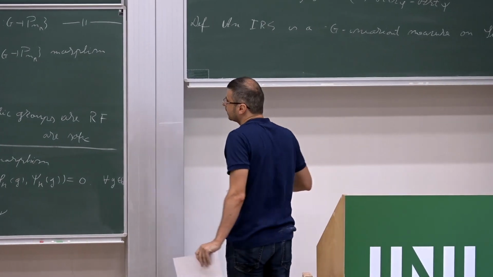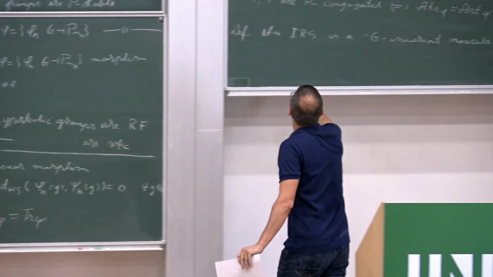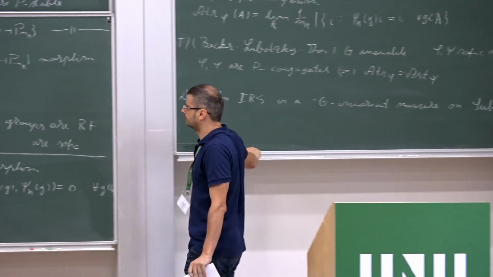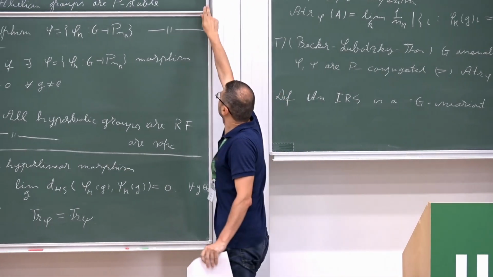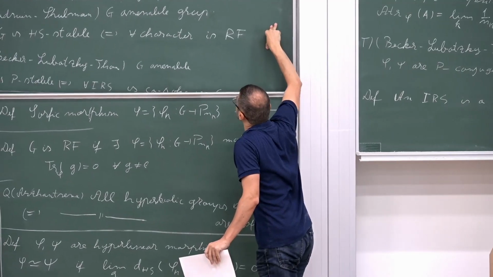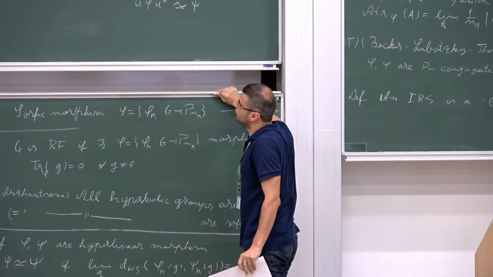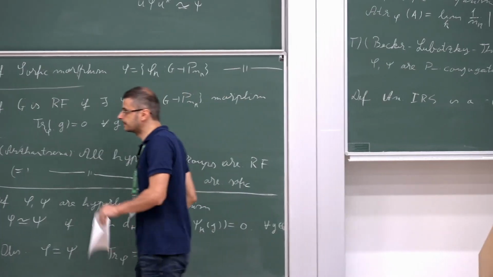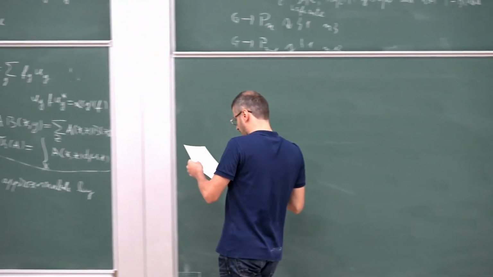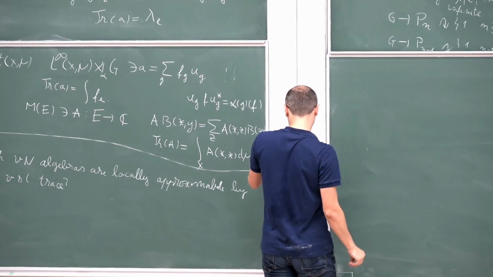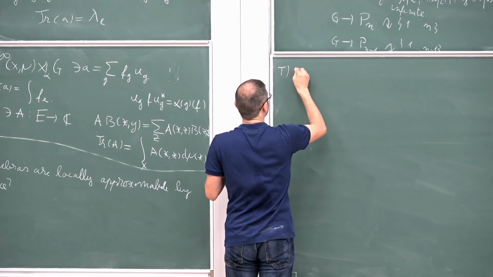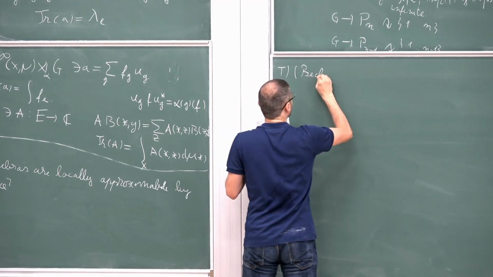So these characterizations are not just some nice mathematics. We can really use them to get examples of stable groups. So, theorem, again Becker, Lubotzky, Thom.